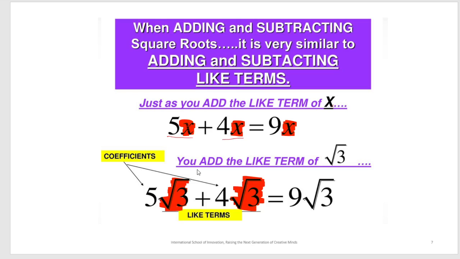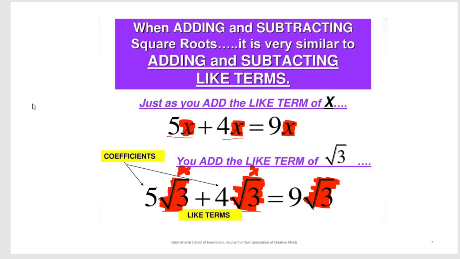You will suppose that the radical 3 is x. So 5 plus 4, 9. So 9 radical 3. It's the same as saying 5x plus 4x is 9x. 5 radical 3 plus 4 radical 3 equals 9 radical 3. We will focus on this idea today. Then it's very, very important.